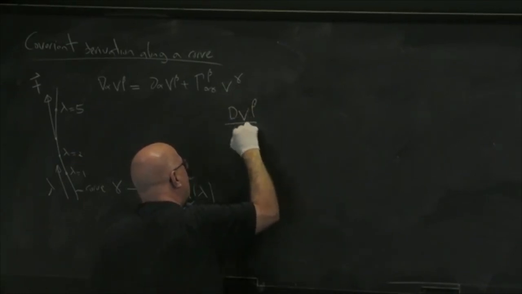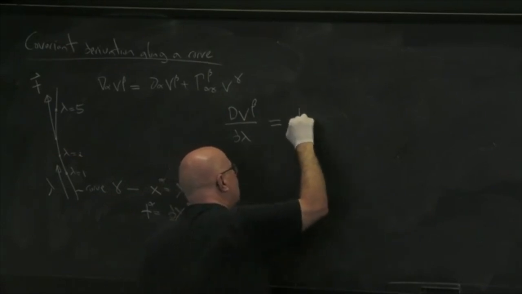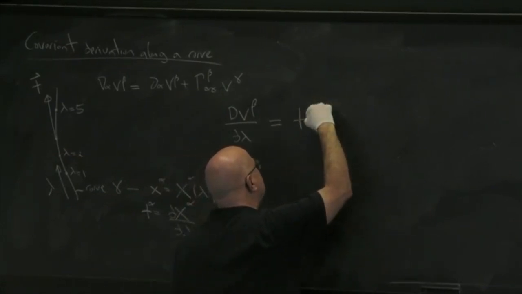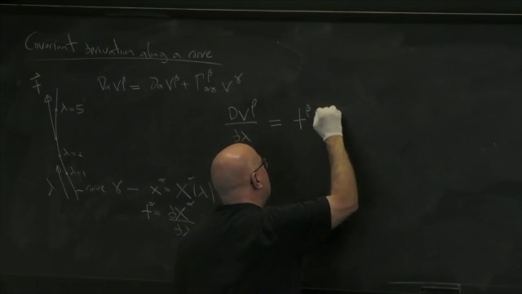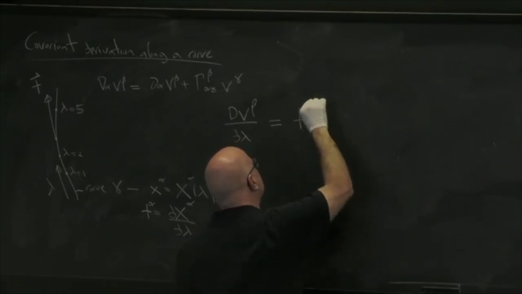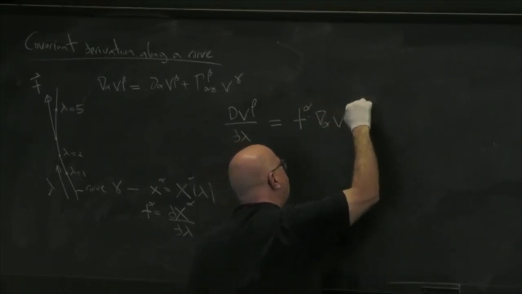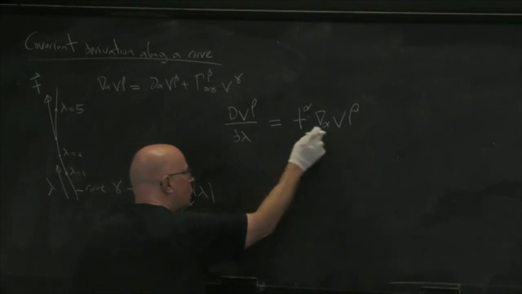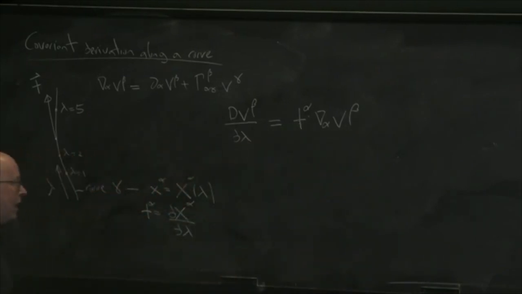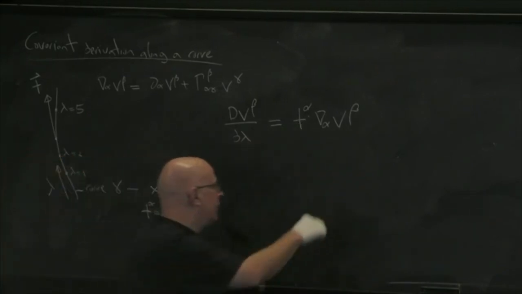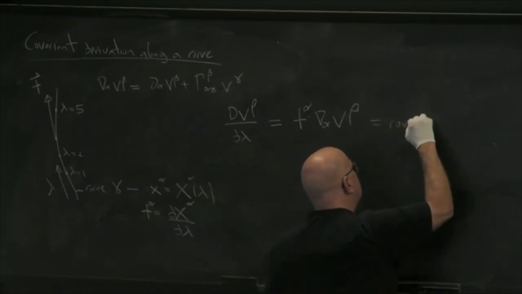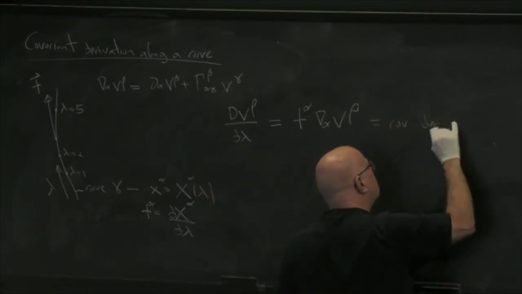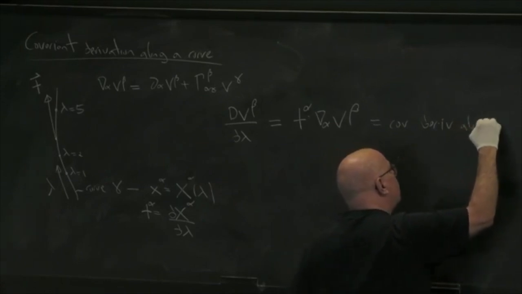And I would define that to be the projection along t the vector, of the covariant derivative of the vector instead of any other direction. We project the covariant derivative in that very specific direction. And that's the covariant derivative along the curve.